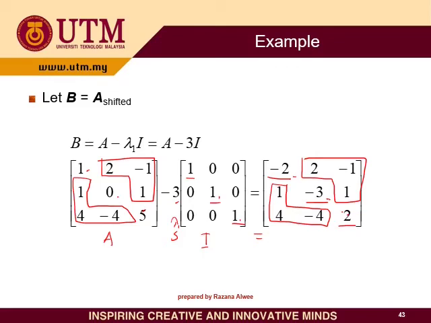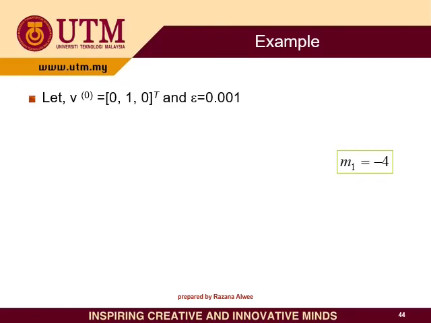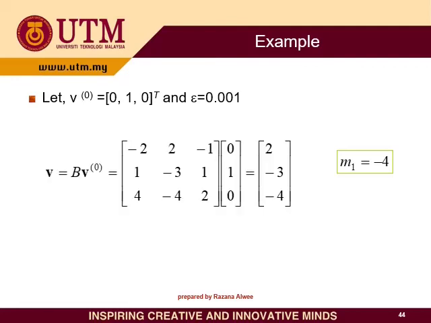Then we continue with our third step. Same as before, in step 3, you are given the initial V, which is 0, 1, 0 here, and your error is 0.001. This is your matrix B that we have calculated before. This is your initial vector value, and this is your V that you have found.